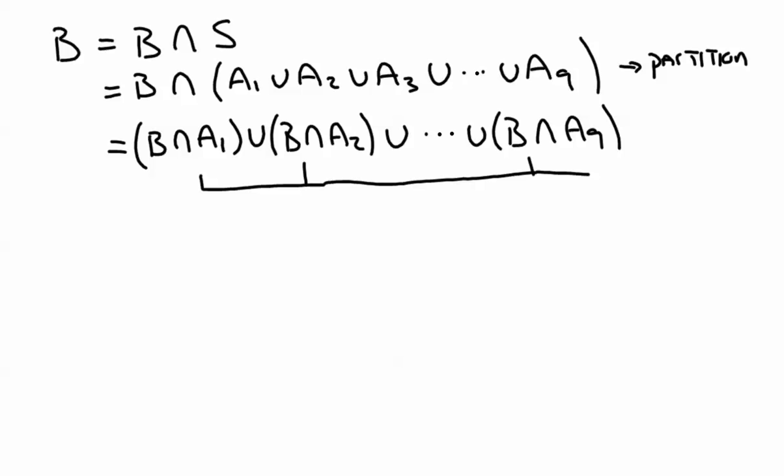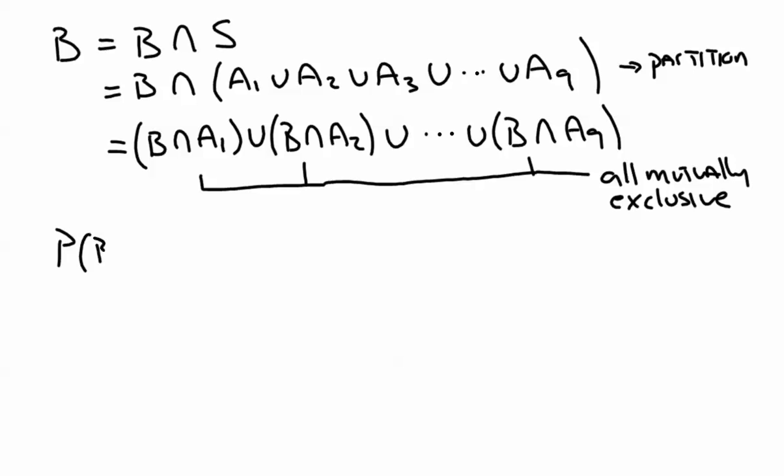They are all mutually exclusive. B intersects each of the partitioning events A1 through A9, and those intersecting sets are mutually exclusive. So I can apply the third axiom and get this.